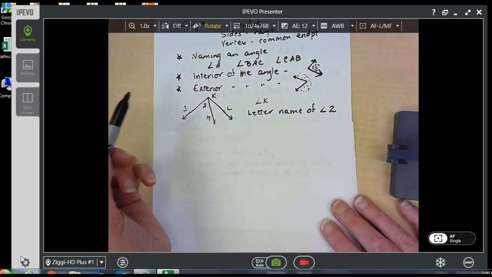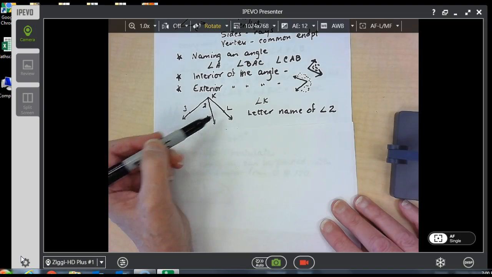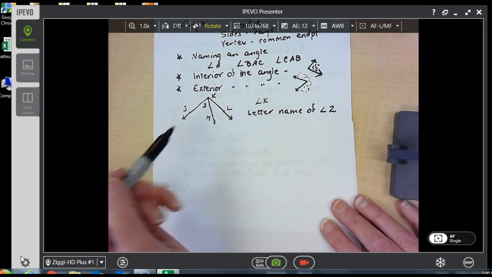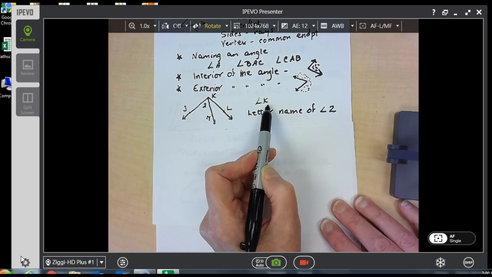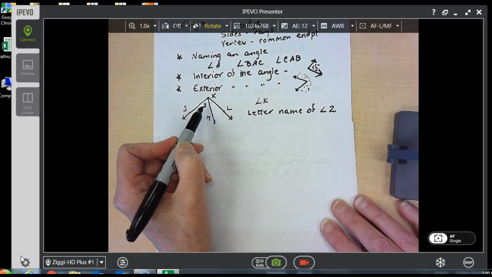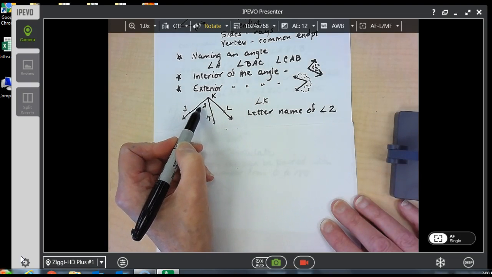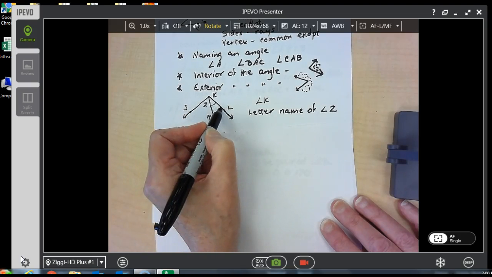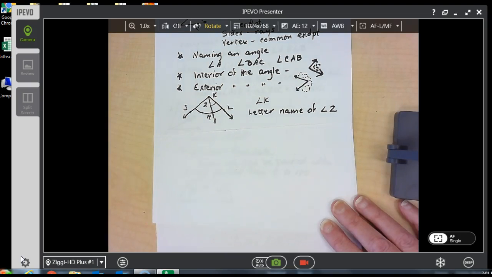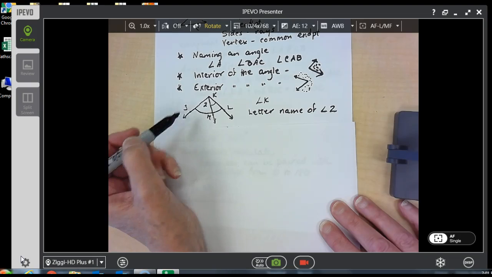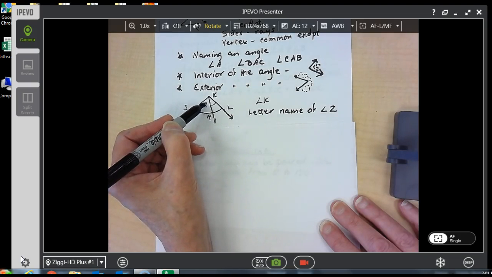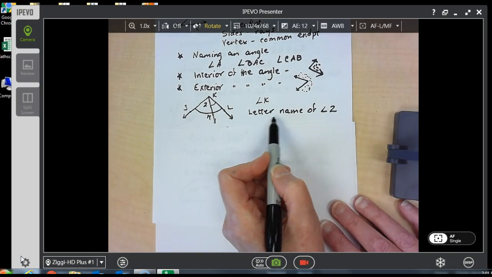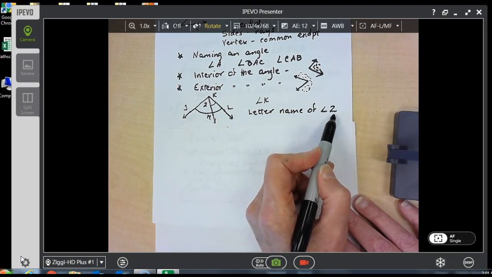So in this drawing, I have more than one angle. I could not just call it angle K, because there's this angle K with the number 2 in it, there's this angle K here, or there's the whole angle K. So I have to label it correctly. Sometimes they'll label it with a number and they'll say, what is the letter name of angle 1?